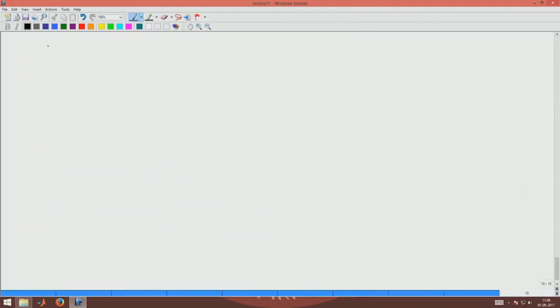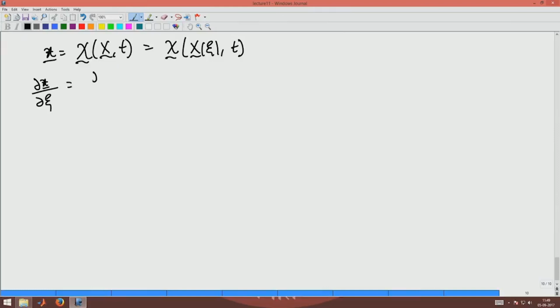Now, what do I have? I have x, which is a function of X comma t, to be written as x, some function of psi comma t. Now, I want to compute dou x by dou psi, which will be dou x by dou X into dou X by dou psi.